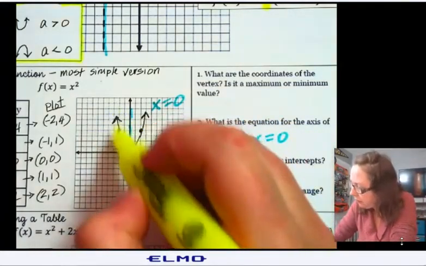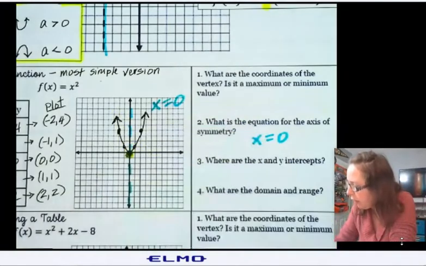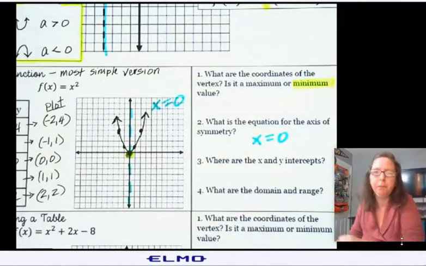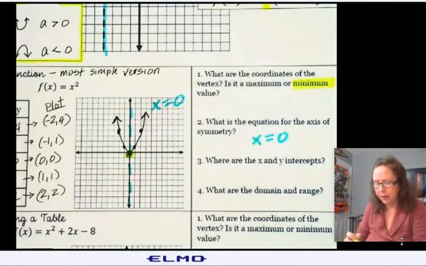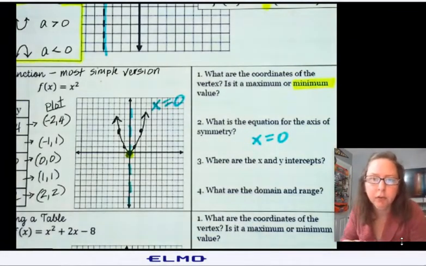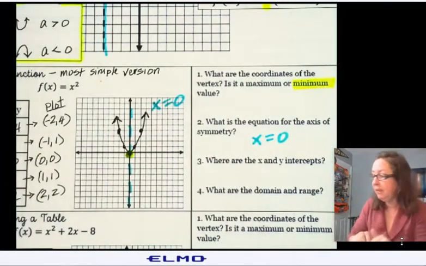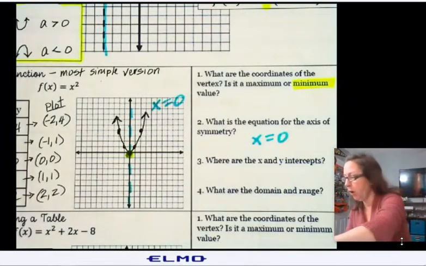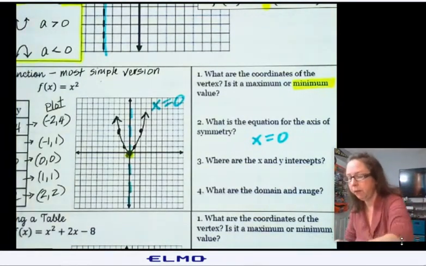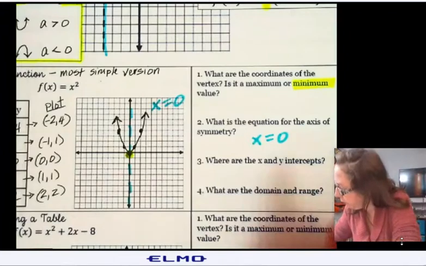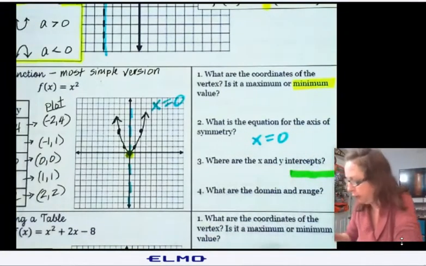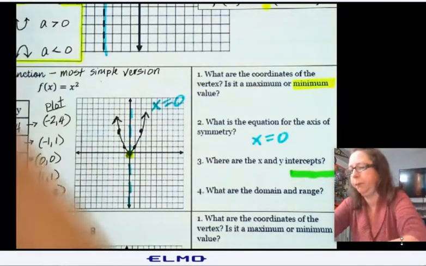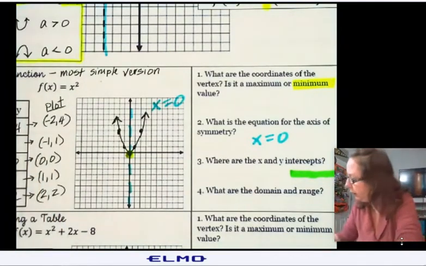This is the lowest point of the graph, so it is a minimum value. What are the x and y intercepts? In this case, both the x and the y intercepts are at 0. I'm trying to keep my color coding.